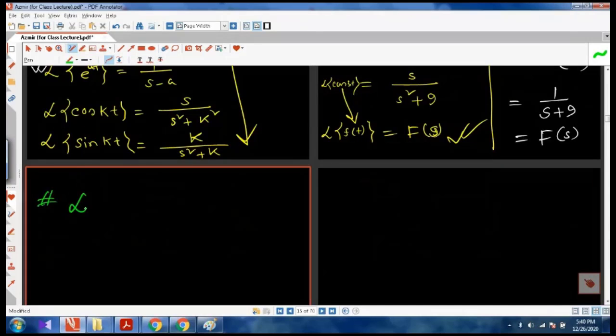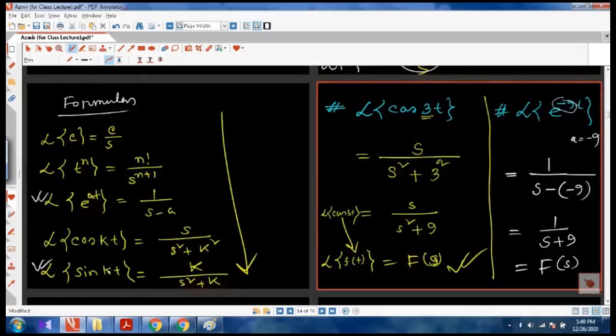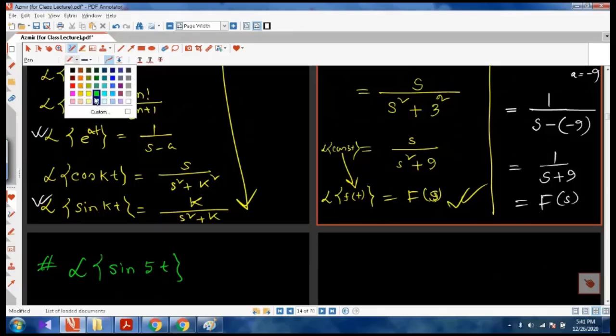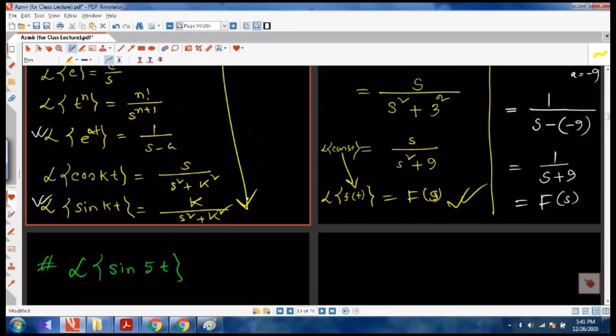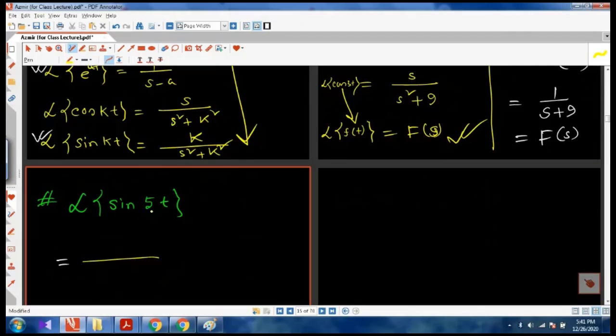Suppose we are going to solve the Laplace transformation of sine 5t. So here, out of these formulas, the Laplace transform of sine kt can be applied. Okay, here I forgot to give a square. Yes, k over s squared plus k squared. So for the Laplace transformation of sine 5t, the value of k is 5.